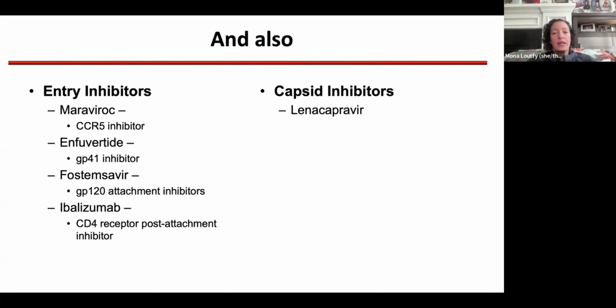And it has also been approved by Health Canada for prevention. And we can't use Lenacapavir for treatment of HIV alone, right? Because obviously we need more than one drug working at different sites of replication.